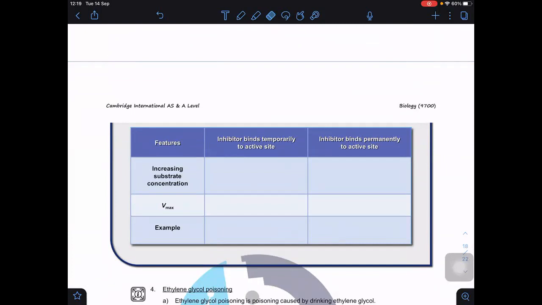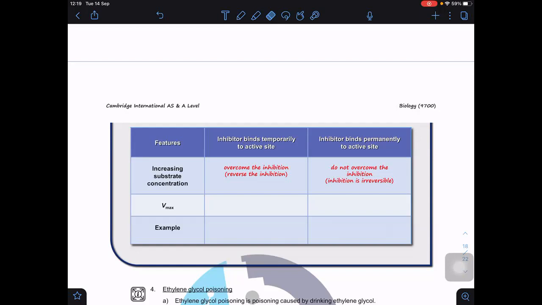Increasing substrate concentration can actually overcome the inhibition, meaning we can reverse it. But if the inhibitor binds permanently to the active site, no matter how you increase substrate concentration, there is no way for the substrate to overcome the inhibition.